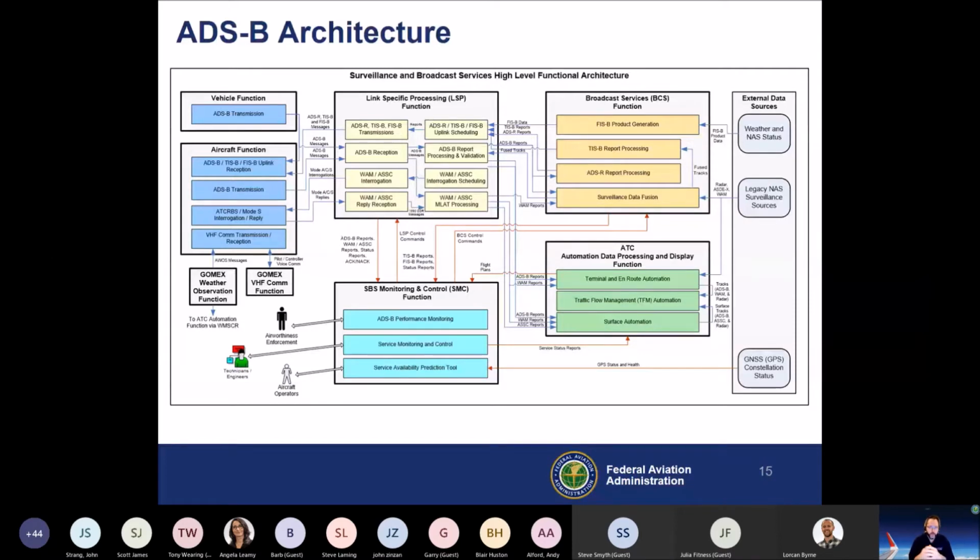You'll also notice there are some other products generated here, which I'll touch on later, including traffic information and flight information services, which are other benefits of the system provided to various users.